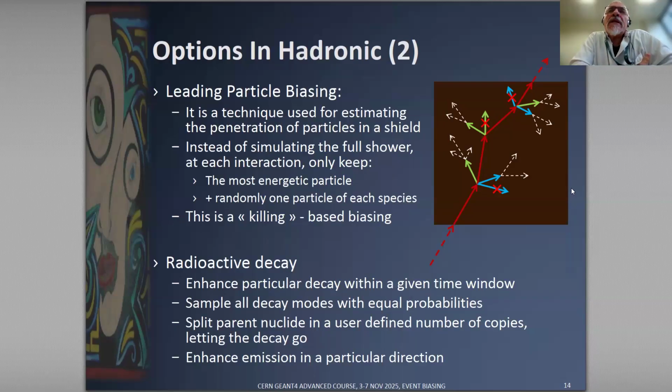Alberto also mentioned the leading particle biasing. This is a way to treat the shield problem when you want to see which particles are exiting the shield. The way it works is that you have a particle entering a volume. Then at each interaction, you have various types of particles: the blue, the green, and the red. The red is the leading one, so you keep it at each interaction. Then you trim the other particles.